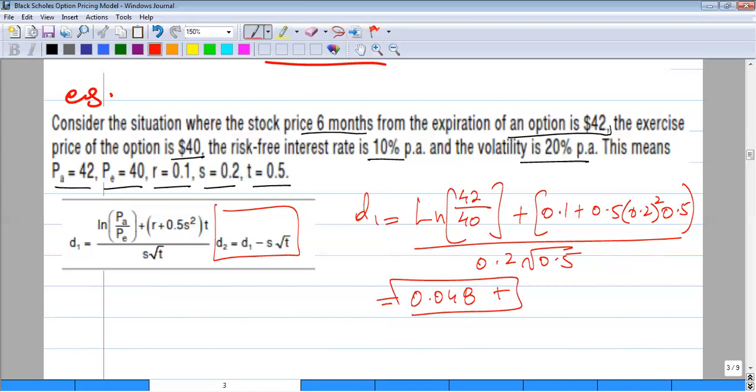So the numerator is 0.158, whereas the denominator is going to be 0.14142.